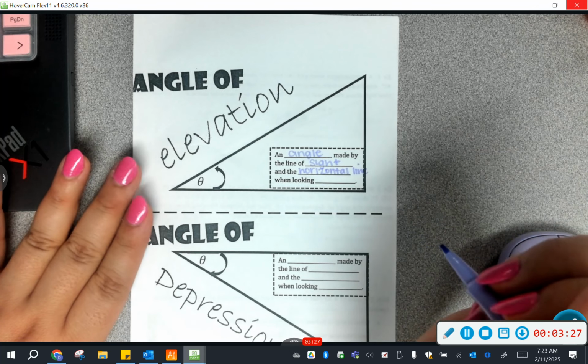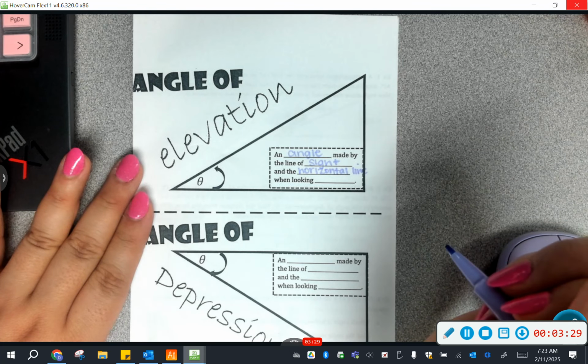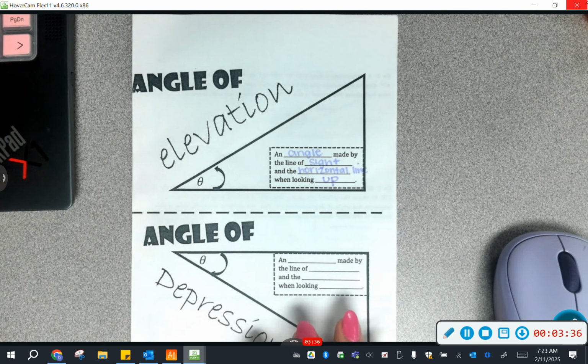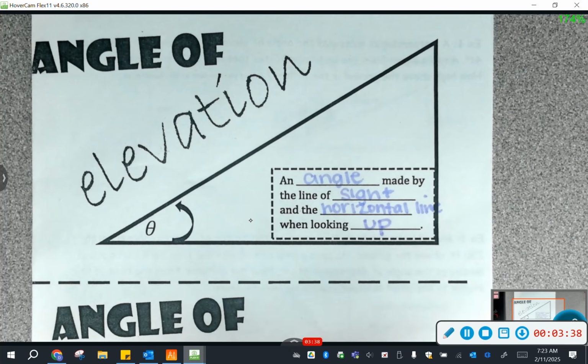When looking, elevation would be looking what direction? Up. An angle of elevation is an angle made by the line of sight and the horizontal line when looking up.